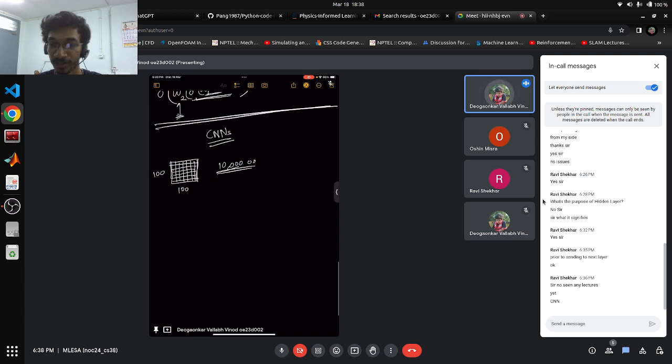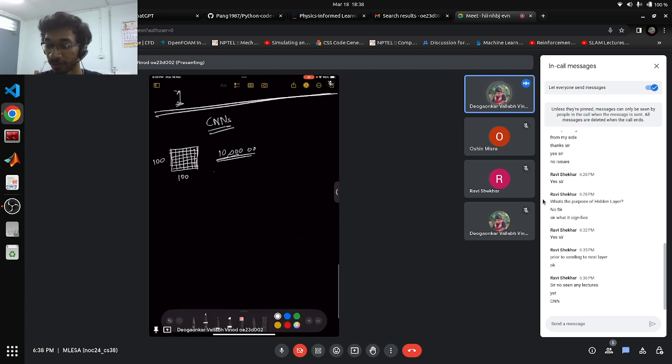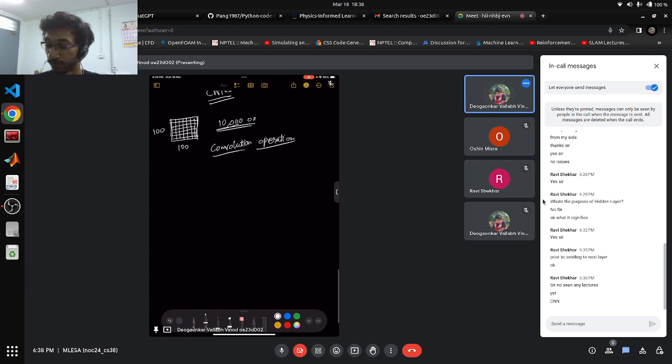So to solve this problem, you do something called a convolution operation. What you essentially do in a convolution operation is, let's say I'm zooming into a small part of the image, this upper corner, and it has a 3 cross 3 size element.